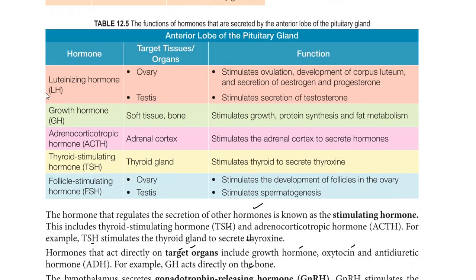When it acts on soft tissue and bone, it will stimulate growth, protein synthesis, and fat metabolism. So when it reacts with the soft tissue and bone, this function will occur inside the target tissue, or inside the organs. It will stimulate the growth of bone, the protein synthesis in the tissue, and the fat metabolism in the bones and soft tissue. So the function will occur inside the target tissue.